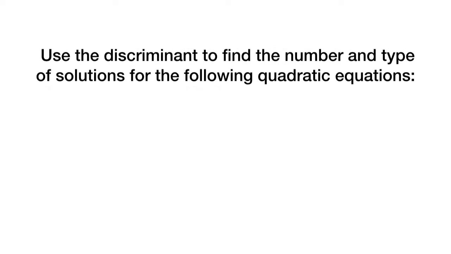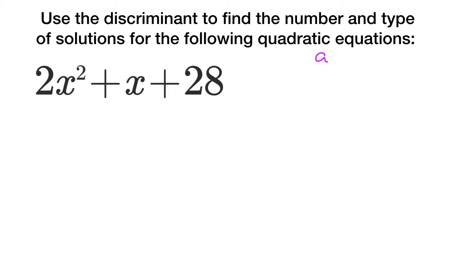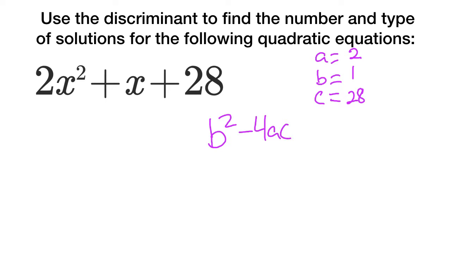So, we're going to use the discriminant to find out the number and type of solutions for the following quadratic equations. So, first thing I have to do is ask myself, what is A, what is B, and what is C? In this case, A is 2, B is 1, C is 28. So, in this case, I say b squared minus 4ac, so that becomes 1 squared minus 4 times 2 times 28.